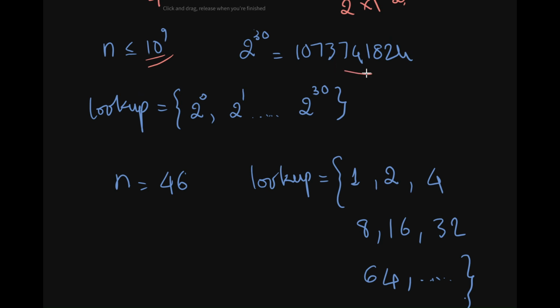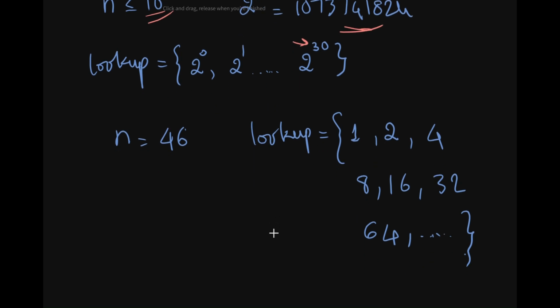The trick here is you want to create all the possible values of powers of 2 from the range of 0 all the way until this maximum value. After you create this lookup set, you can determine whether the input n exists in this lookup or not.